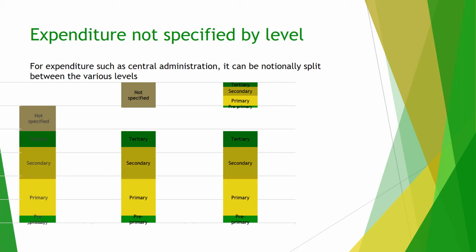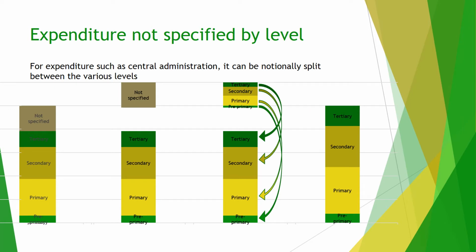So we replicate this share. For instance, if we had 5% of pre-primary expenditure out of the total that is identified, then we apply 5% to that non-specified expenditure, and we attribute it to pre-primary. And this way, we reassociate these different sections to the total already identified.